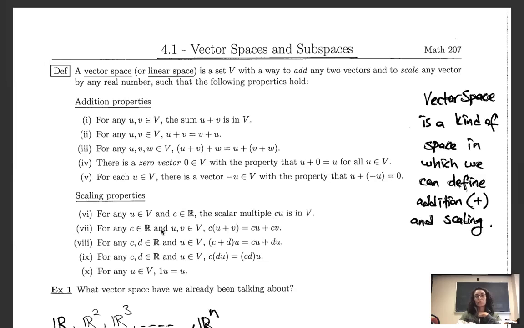Or if you take two vectors in your set and a scalar from R, then c times (u plus v) can be written as c times u plus c times v. In other words, you can distribute the c into this sum.